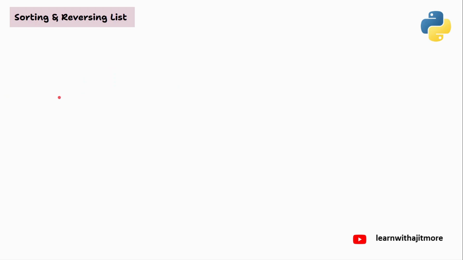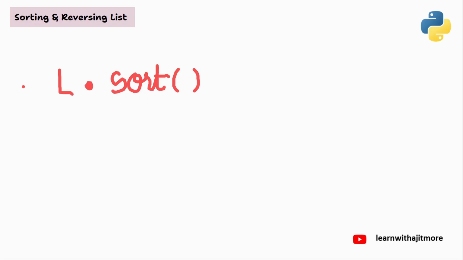Now there is one method called sort, and it's a method, means list is supposed to invoke it using the dot operator. So L dot sort, that's all. This is in place sorting, means it is going to sort the original list only. It is not going to return you a new sorted list.